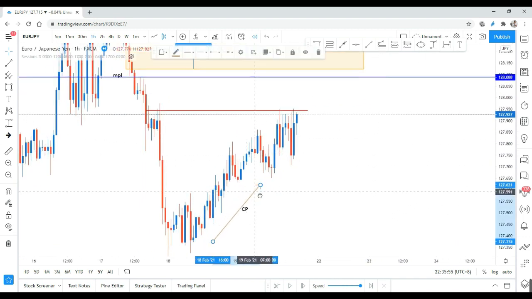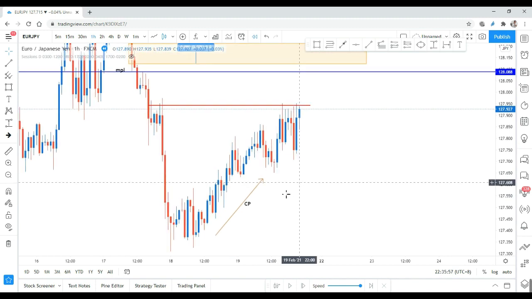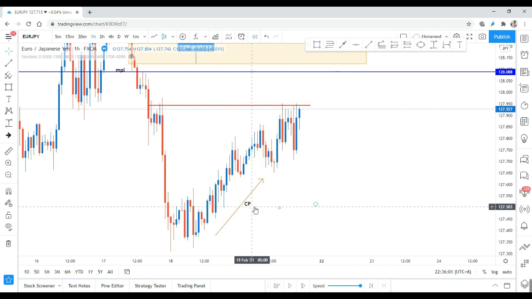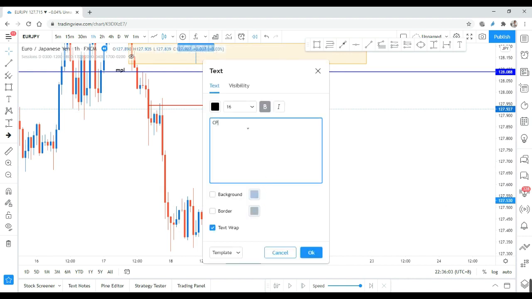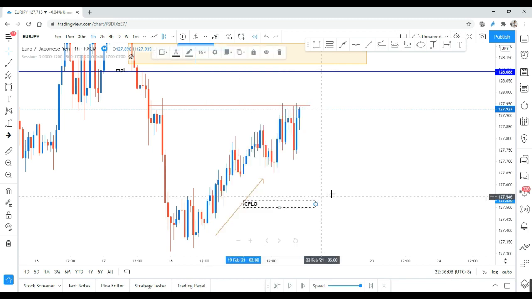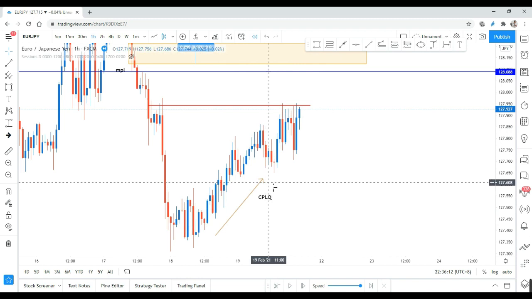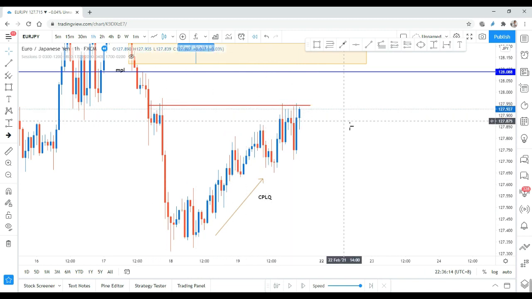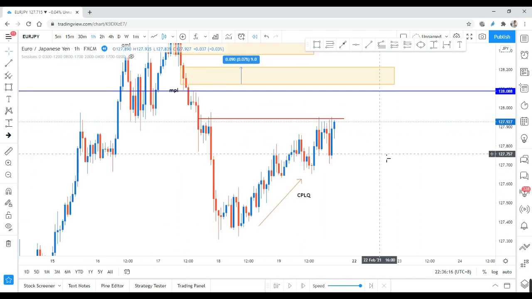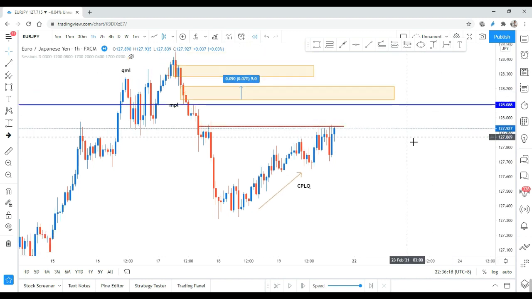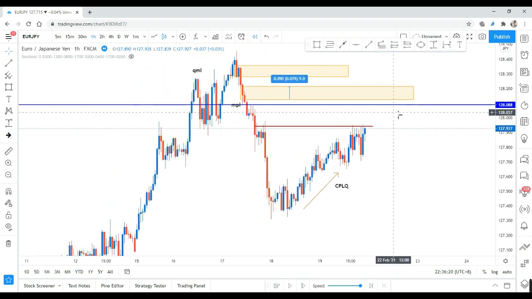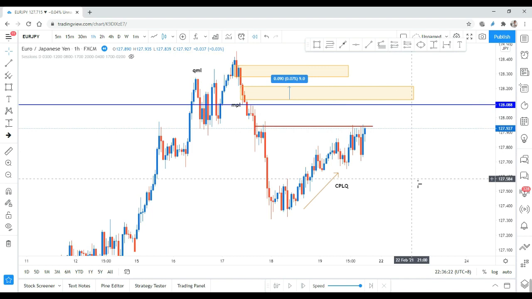If you see a movement like this, compression plus fake out, we call it CPLQ, because the compression is looking for more liquidity. This is compression plus liquidity fake out. It means that once the price reaches our entry zone, very likely it will drop like a brick.